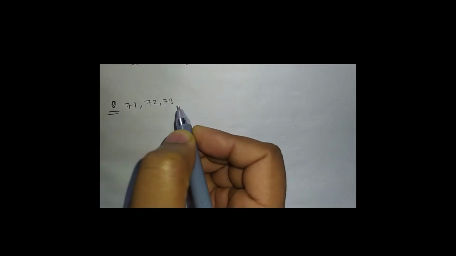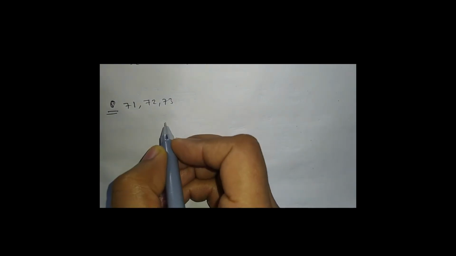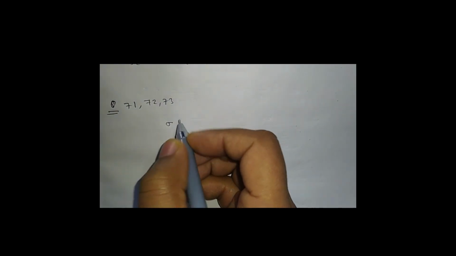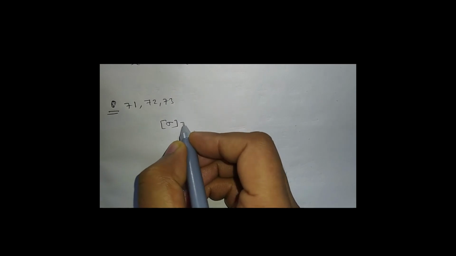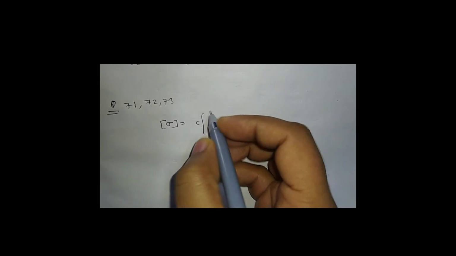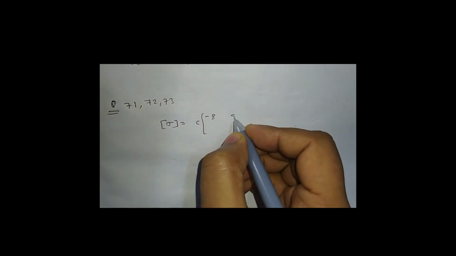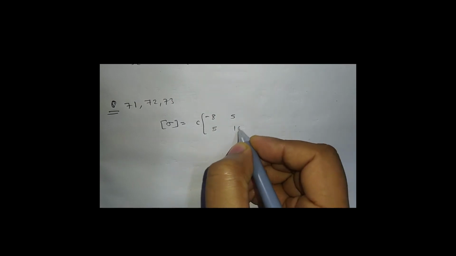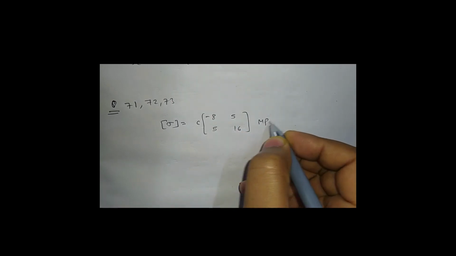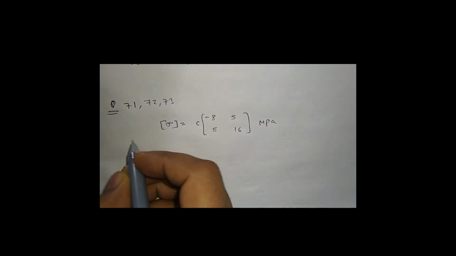Question number 71, 72 and 73. In the given question, a two-dimensional stress state is given in order to find the principal stress, and the failure stress is also given as 350 MPa.